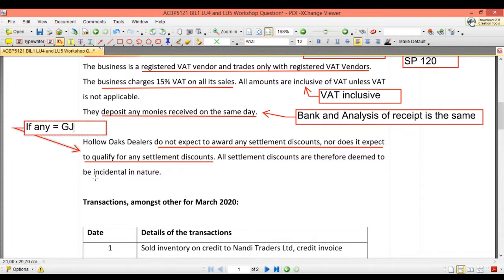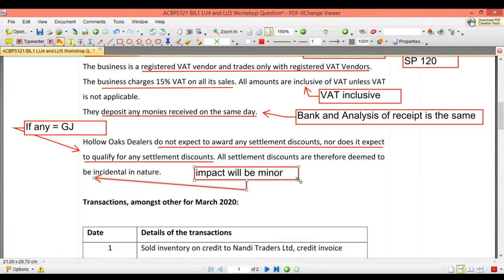And they tell you it's incidental in nature, so the impact will be minor. So it's not a very big impact on our financial information, so we do not have to go and adjust our entries.